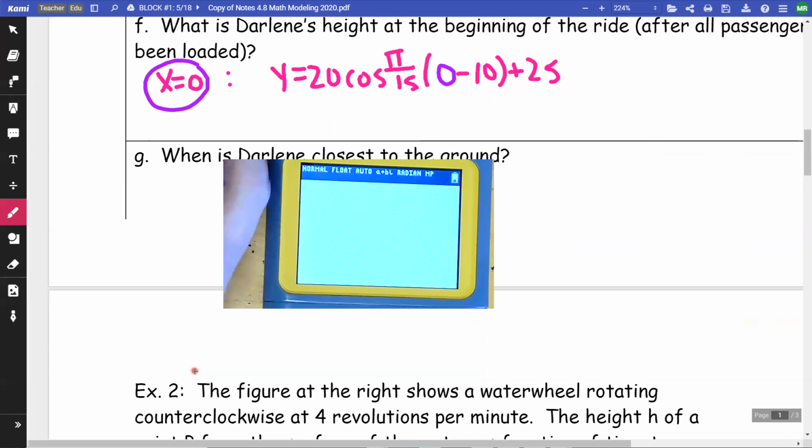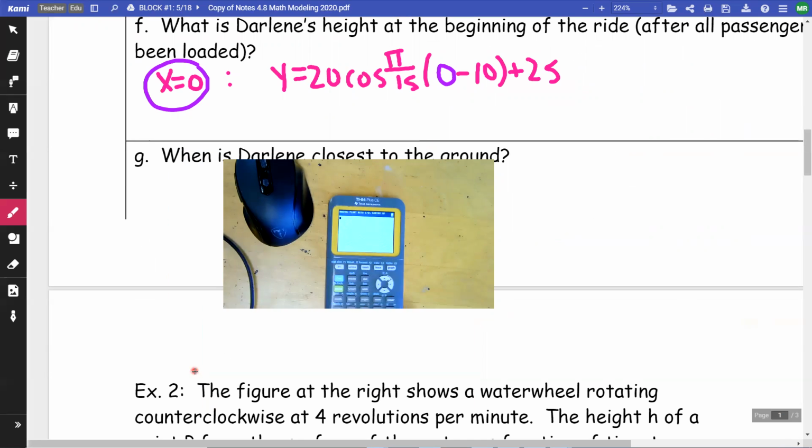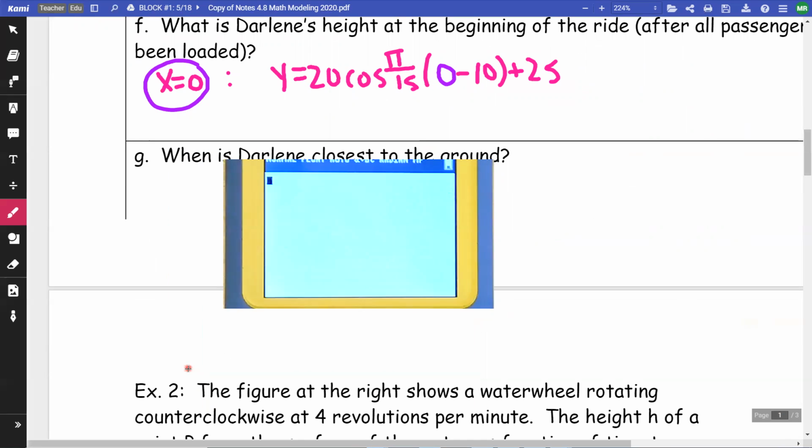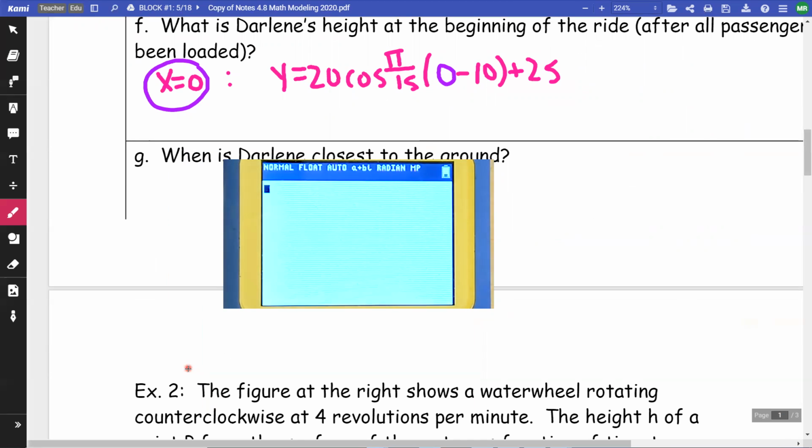Then I'm going to go 20 cosine, and I'm going to do alpha and y equal to get the fraction option. And I'm going to put pi, which is second and the raised to the power, the caret button, over 15, parentheses 0 minus 10, close, close, and then plus 25, and I got 15.